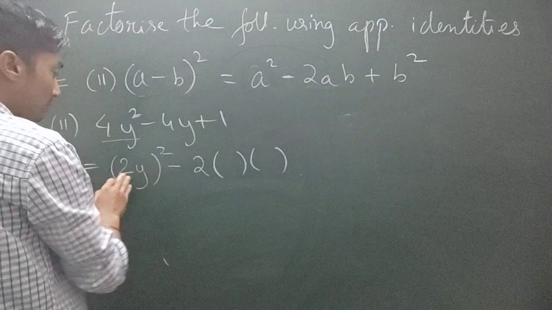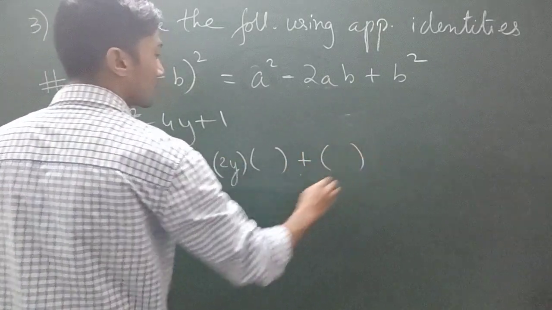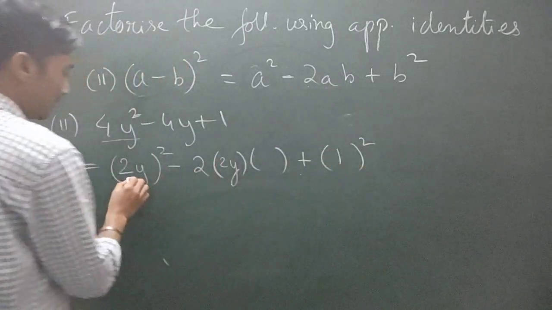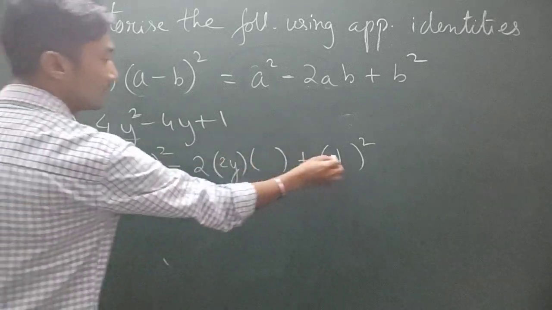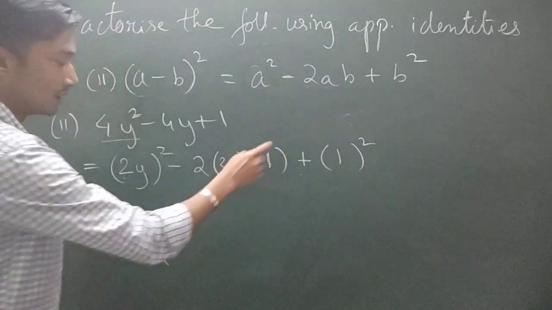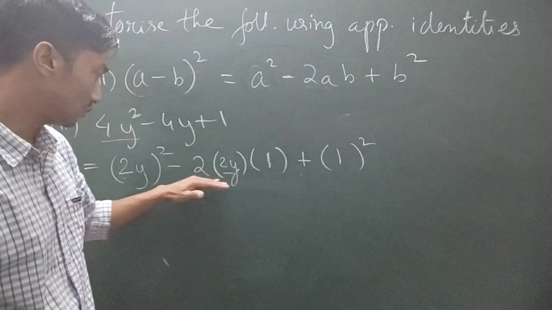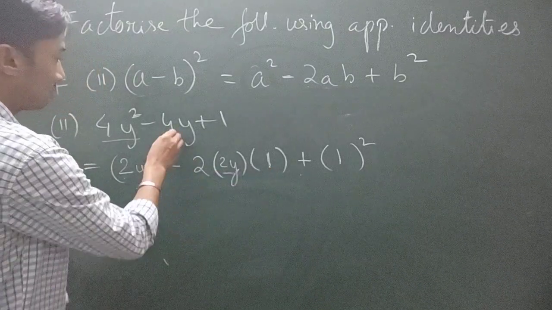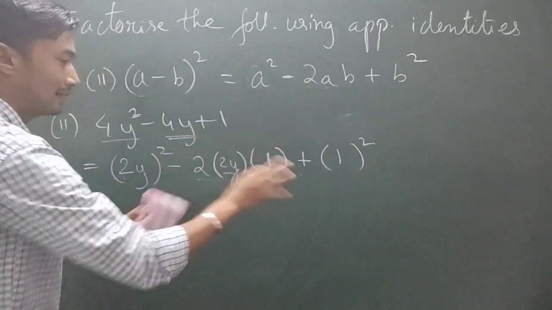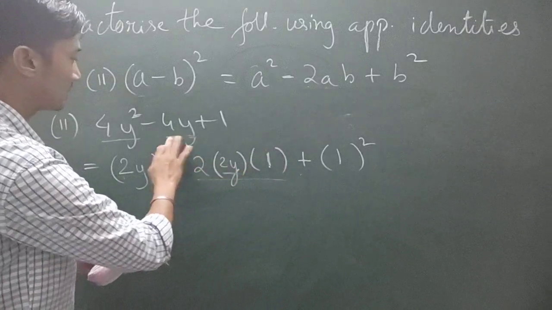So let's see. Of course, a we have already decided, 2y. Plus b squared. b squared is 1, and of course 1 we can write as 1 squared. So the value of a is 2y, b is 1. So twice into a into b, but we have to check, of course, with the middle term. 2 2's are 4y, perfectly sitting there.